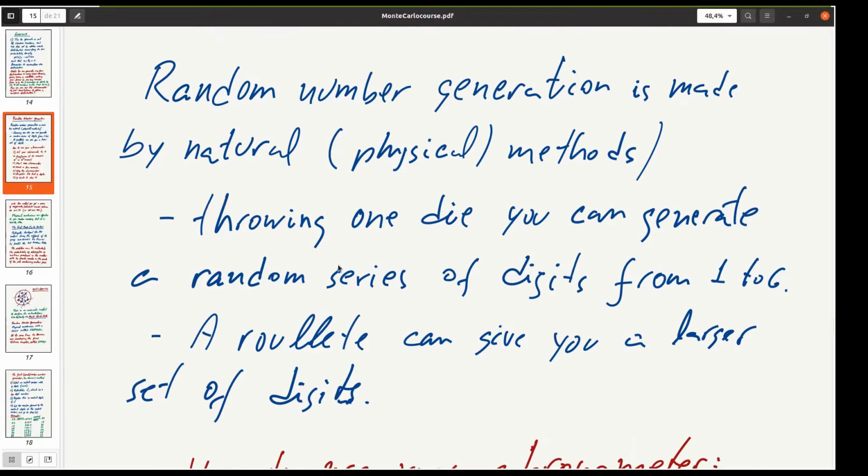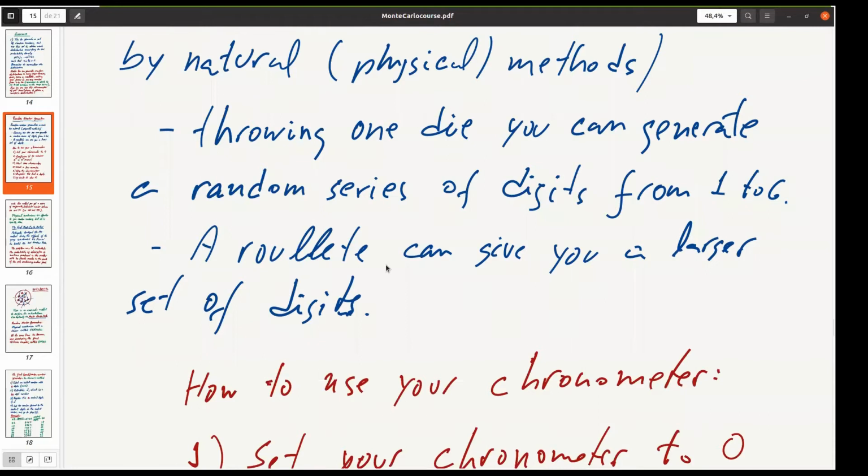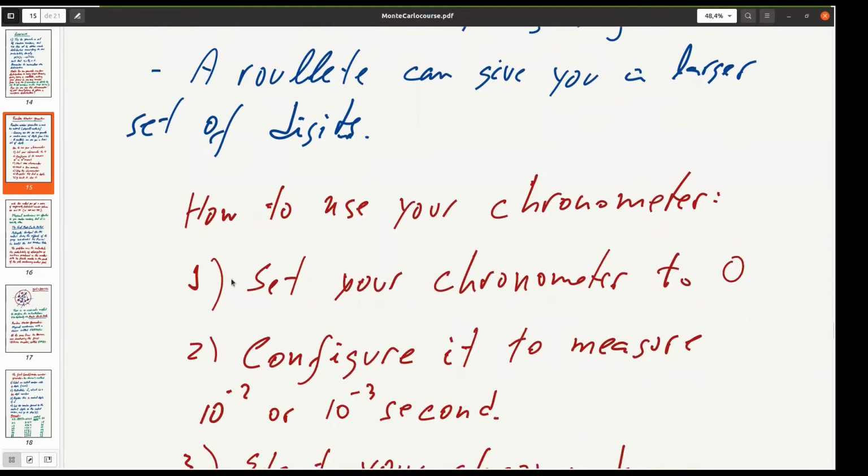You can generate a series of random digits from 1 to 6 if you use just one die. If you use 2 or more dice, you can extend the number of digits. Roulette can give you a large set of digits as well.